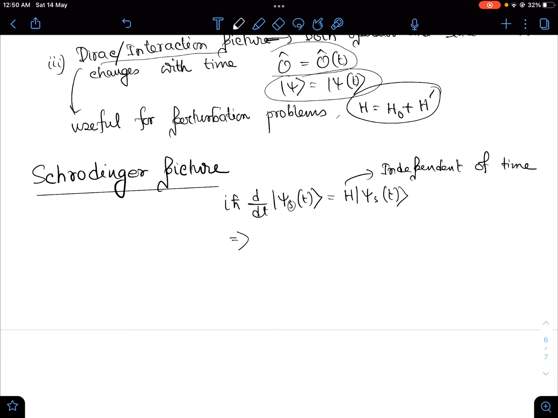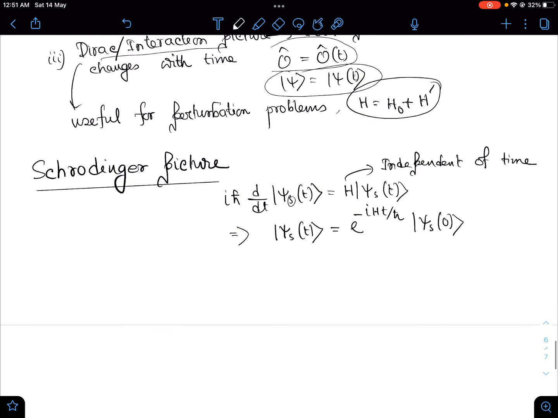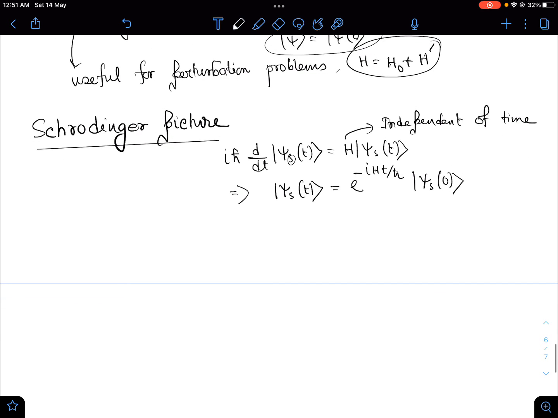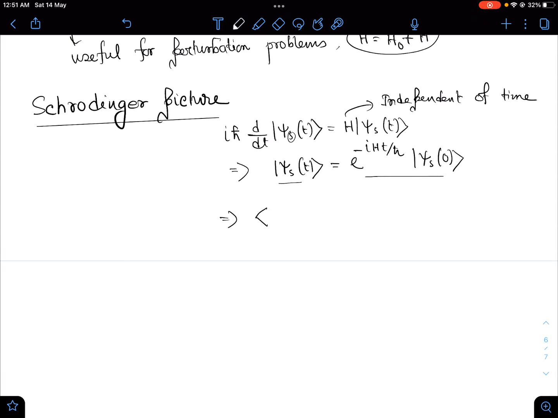If the Hamiltonian is independent of time, we can write psi S of t as this. This is how the state changes with time in the Schrödinger picture. So if we have the t = 0 value of psi to be psi S0, we will have e to the power minus i H t by h cut.